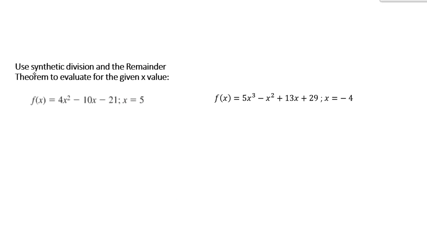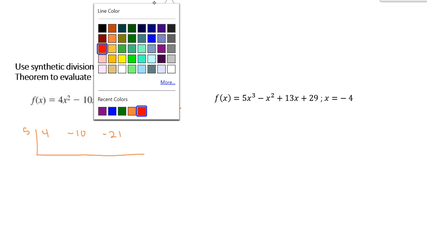Okay, here's some examples. Use synthetic division and remainder theorem to evaluate for the given x value. Again, you could plug these in pretty easy. This right here says that a is 5. All right, 5 on the outside. Our numbers for our coefficients, nobody's missing. Squared, x, constant.